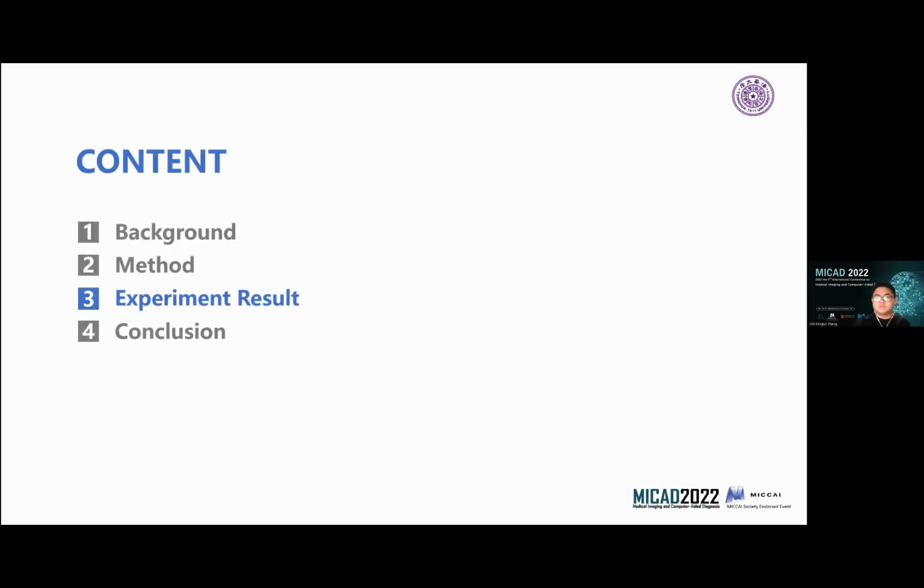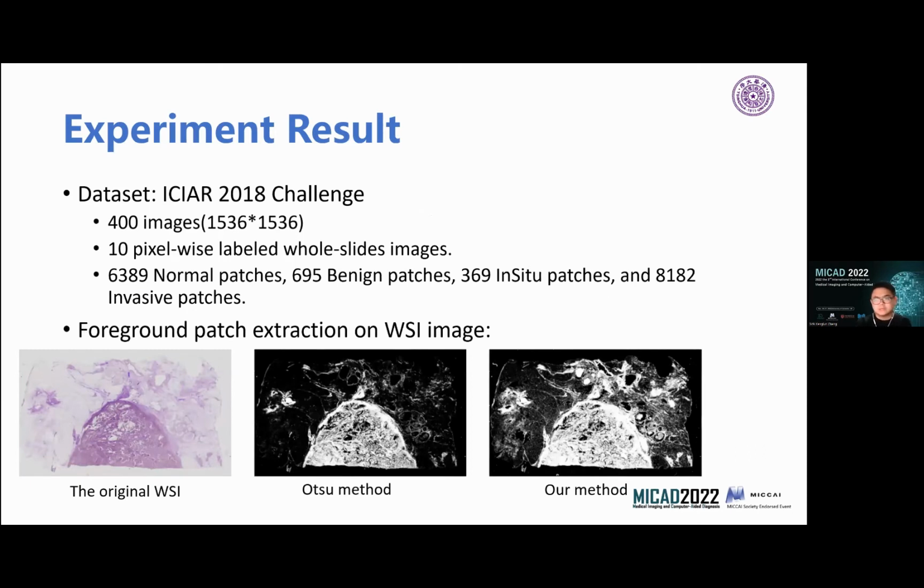So in the experiment results, let's go through the dataset. We use the dataset for training and validation from the ICIAR 2018 challenge. There are in total 400 images of about 1500 by 1500 pixels, obtained from H&E stained breast histology microscopy. These images are labeled into the 4 classes, as I mentioned before, and each class contains 100 images.